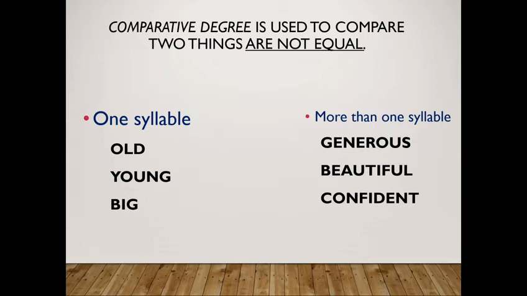Confident. How many syllables are there? Right, they are 3. In comparative degree, you must know well the syllables, whether one syllable or more than one syllable.